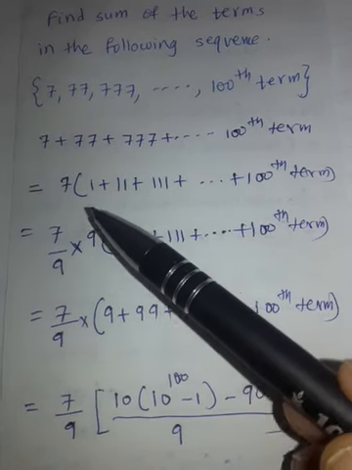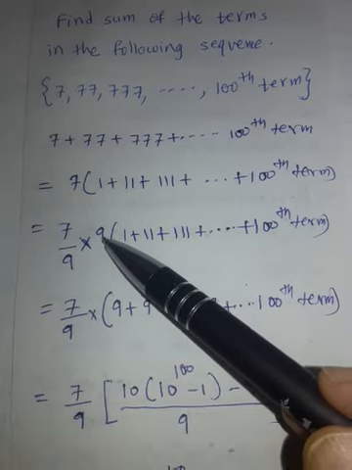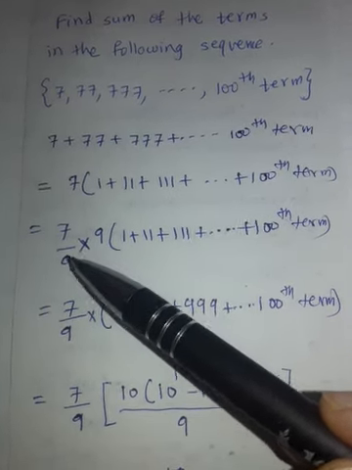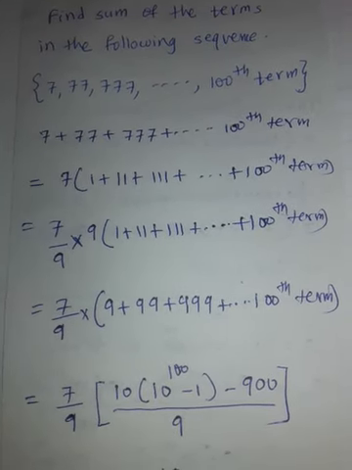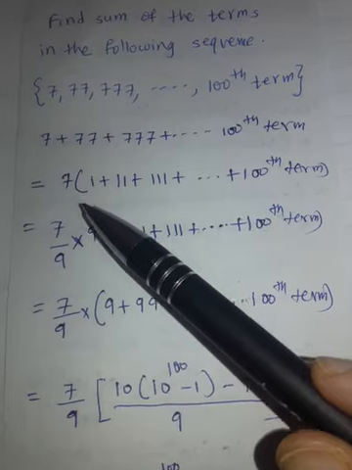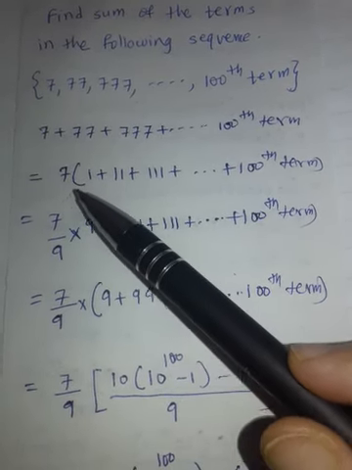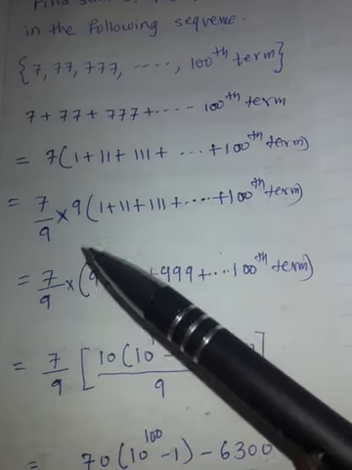What I'm going to do now is multiply this bracket by 9 upon 9. When I multiply by 9 upon 9, it's like multiplying by 1, so I'm not changing any value, right? So I multiply by 9 and divide by 9 also. Now what will happen?